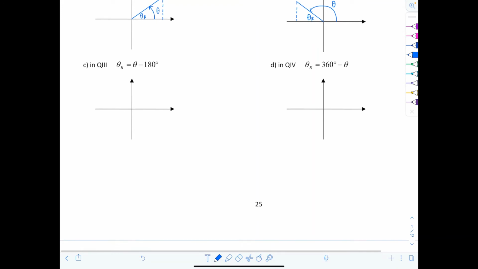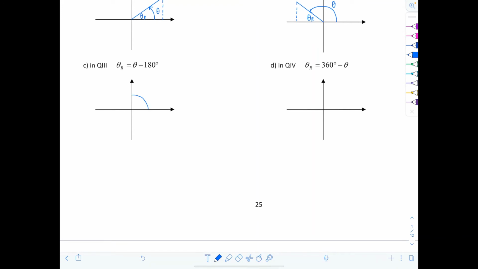Next, if theta terminates in quadrant 3, so the terminal side would be over here in quadrant 3 somewhere. So theta swoops out all the way down there. Then the reference angle right in here is theta minus 180. We saw that for example 1C.